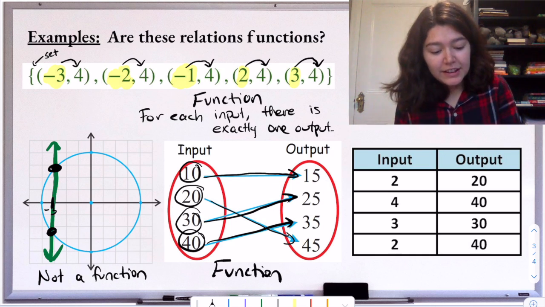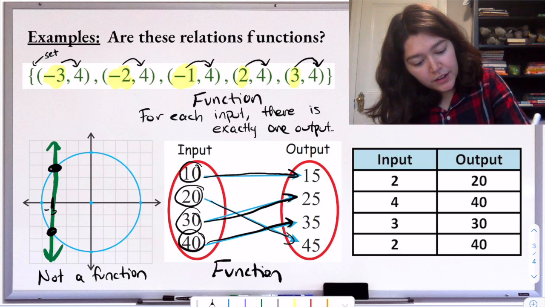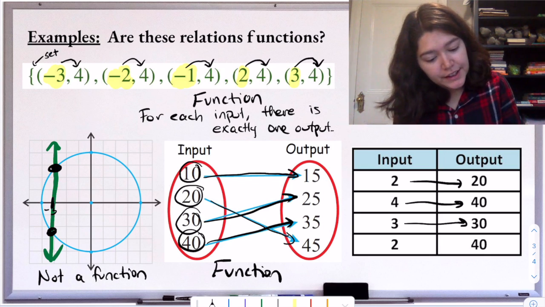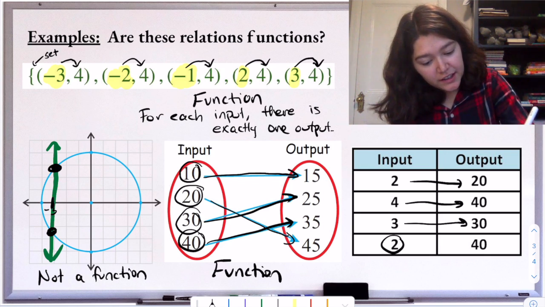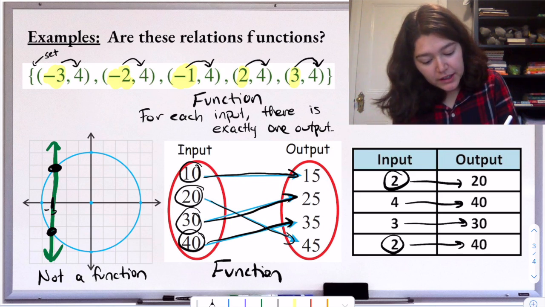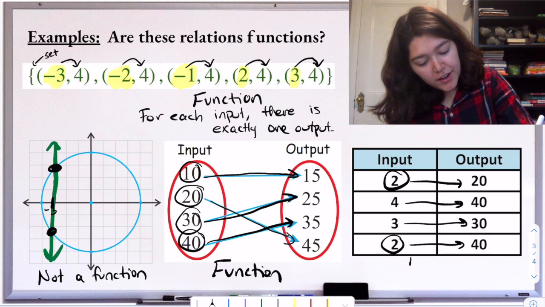And then finally, let's look at our table. For our table, we have an input of 2, that goes to 20. 4 goes to 40. 3 goes to 30. And then we have 2 again. So 2 is going both to 20 and to 40. So this is not a function.